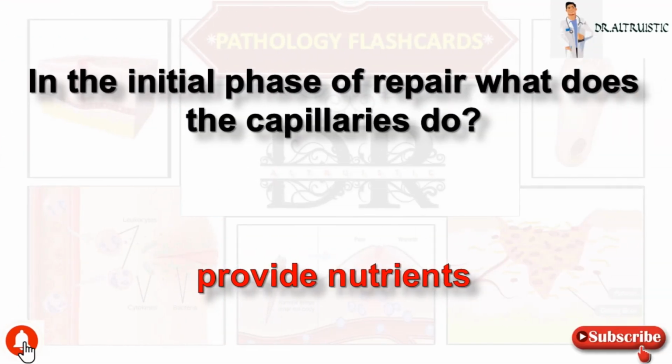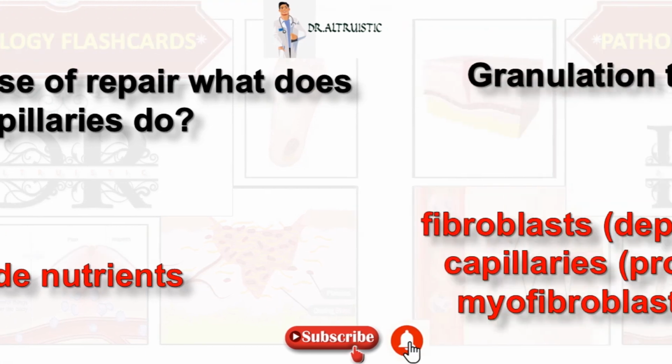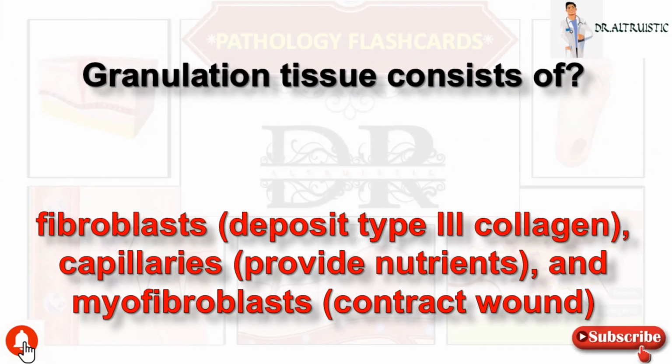In the initial phase of repair, what do the capillaries do? Provide nutrients. Granulation tissue consists of fibroblasts that deposit type 3 collagen, capillaries that provide nutrients, and myofibroblasts that contract the wound.